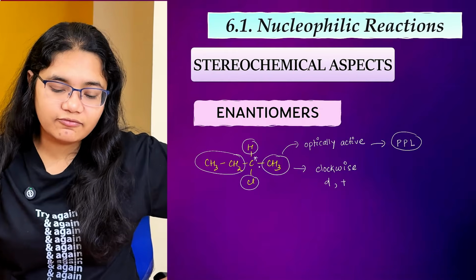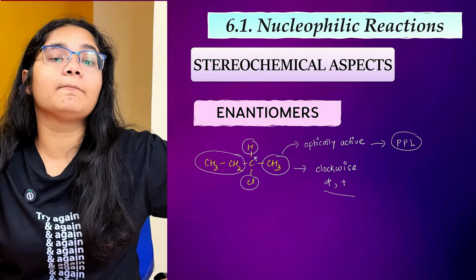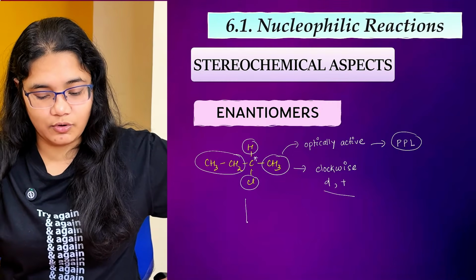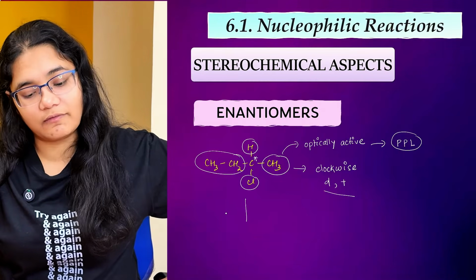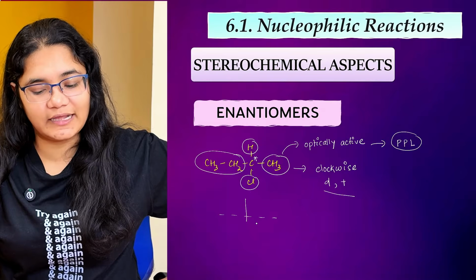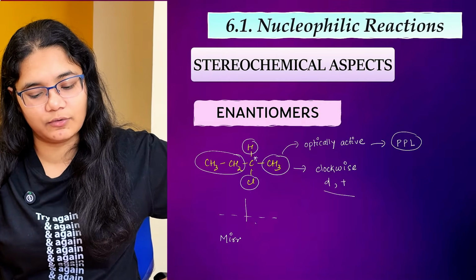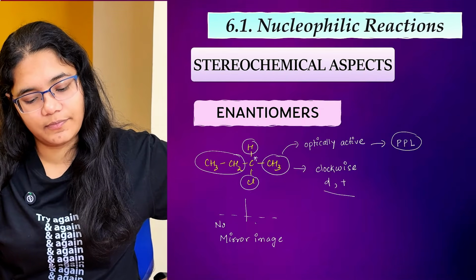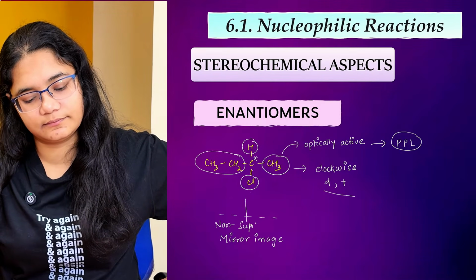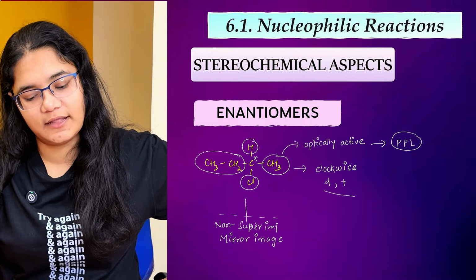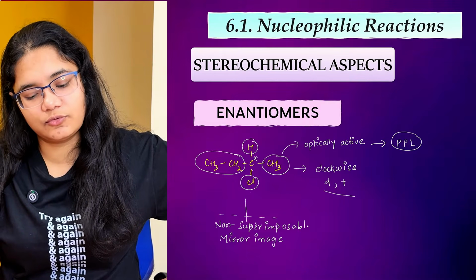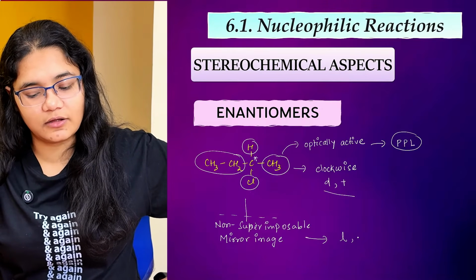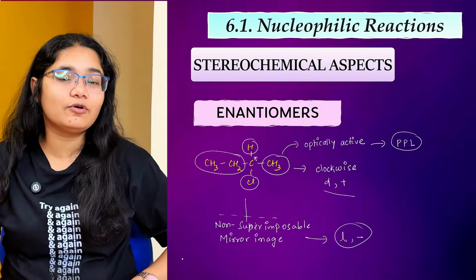Now if this compound is rotating the light in the plus or clockwise direction, there has to exist a mirror image of this molecule, a non-superimposable mirror image, which will rotate the light in the anti-clockwise direction, or levorotatory.